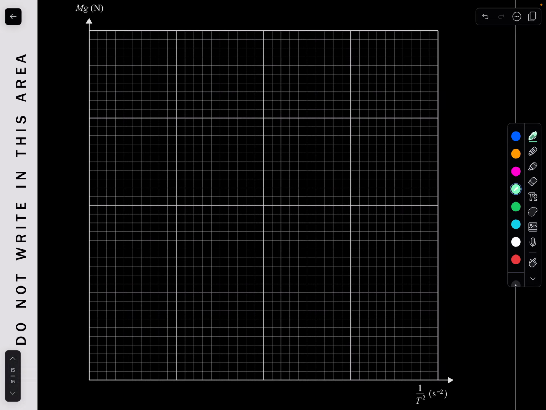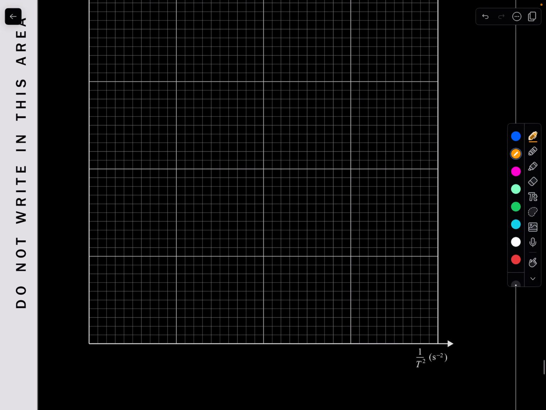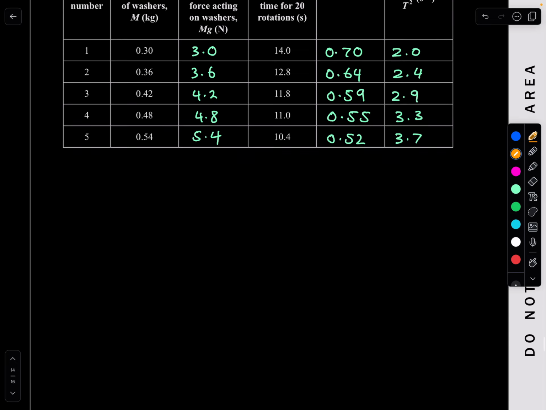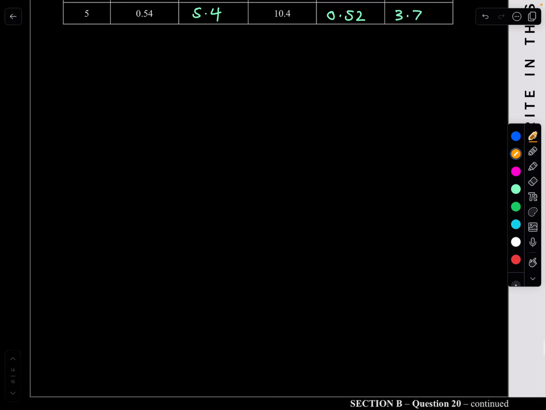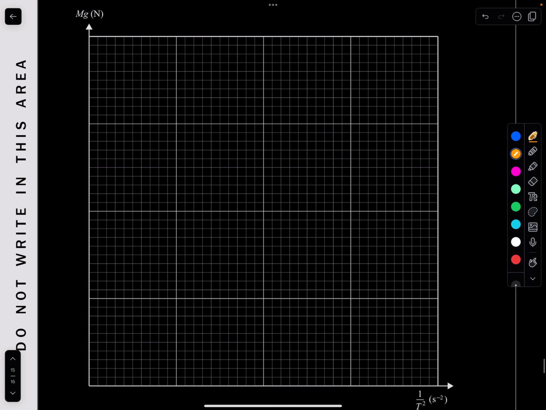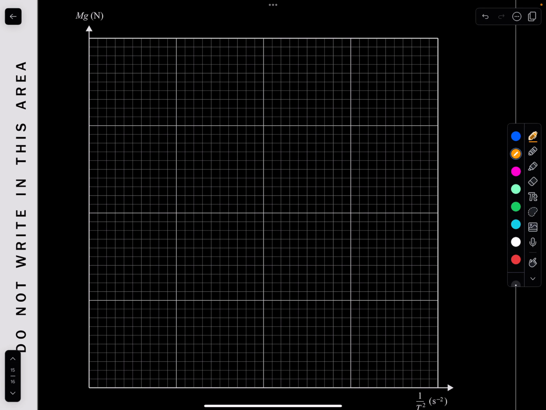Beautiful. Let's do the force first. We're already given, okay, beautiful. So the forces go by 3, 3.6, 4.2. The max is 5. If I do 1, 2, it's going to be 4, so I'll do half of it. I'll start with 2, 4, 6, 8.